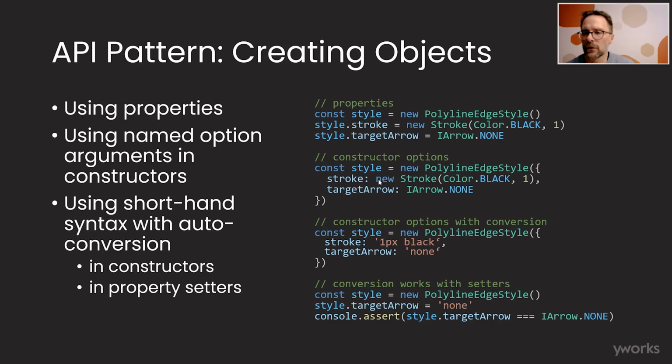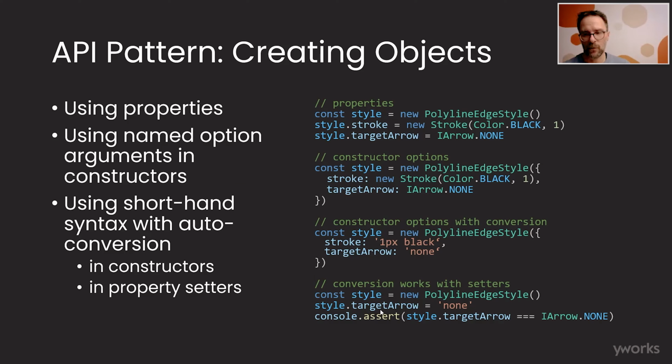In this case, for stroke, which is an object, there's also the option to use the CSS shorthand that you may know from HTML to specify a stroke. So 1 pixel black actually results in a stroke object with a color of black and a thickness of 1 at the end. And this automatic conversion actually also works with property setters.